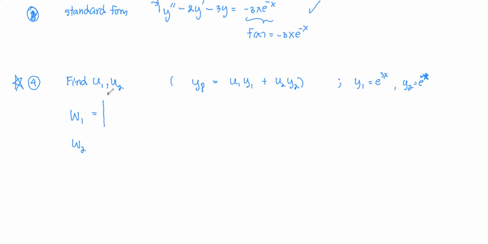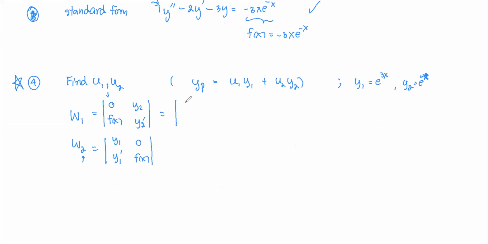In W1, column 1 is going to be 0, f of x, and the column for y2 remains the same as in W. And for W2, the first column, y1 and y1 prime, nothing changes, and the second column is going to be 0, f of x.